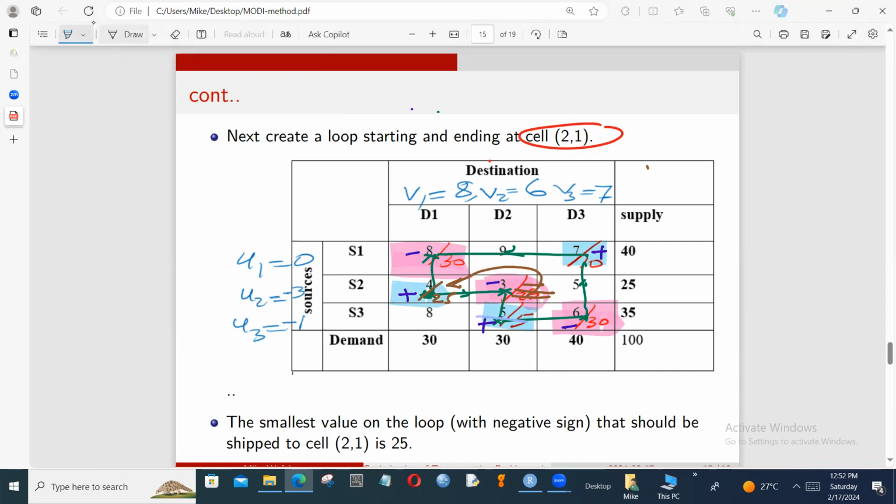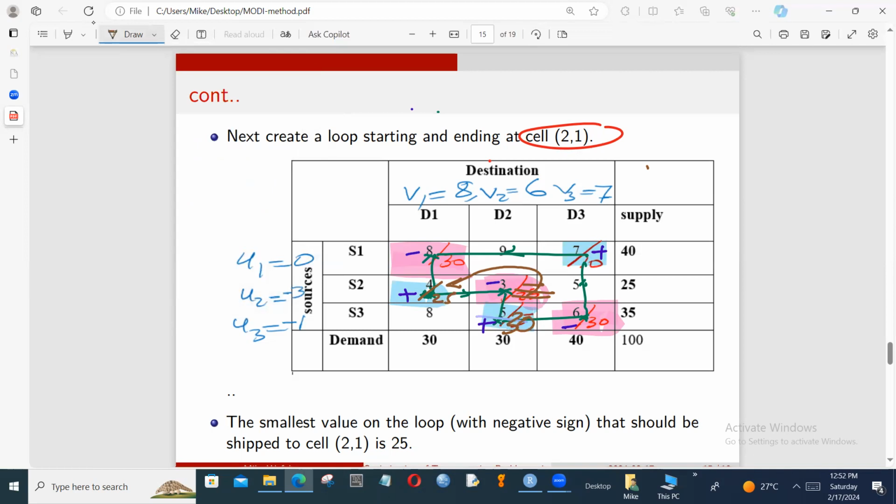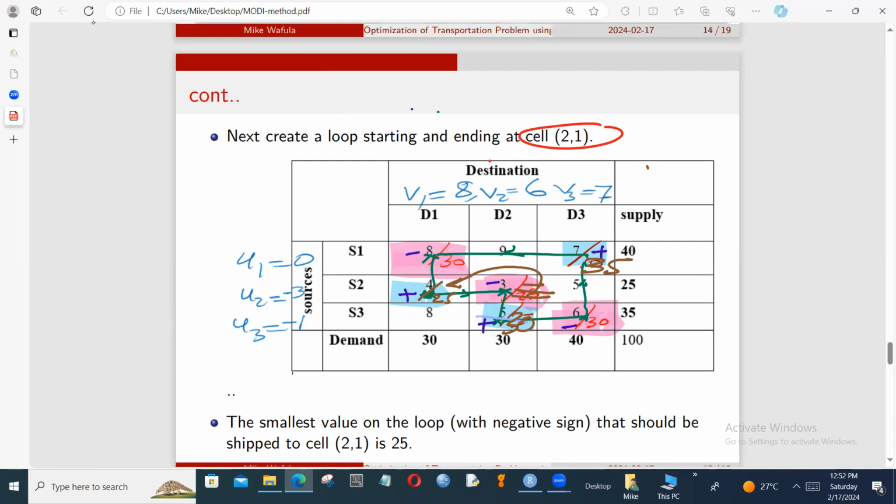Those cells must be added the 25 units. So this one, from 20 plus 25, is going to be 45, and this one, because it's 10 plus 25, is going to be 35.